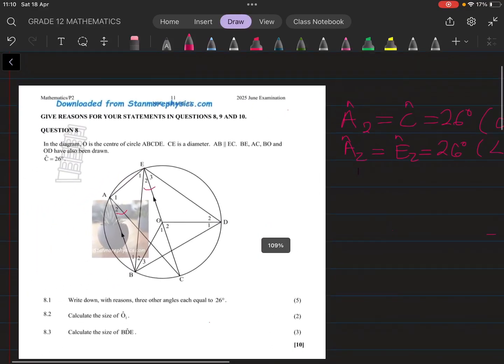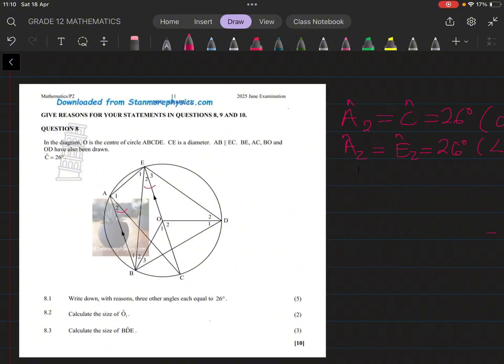Right. And then from there, we still have alternate angles. Remember AB is parallel to EC, then that means angle B1 will be equal to angle E2.